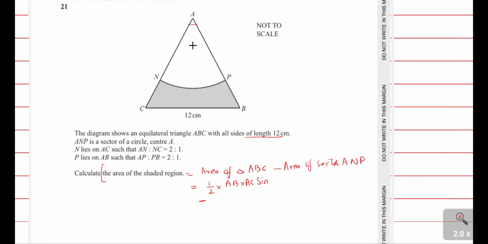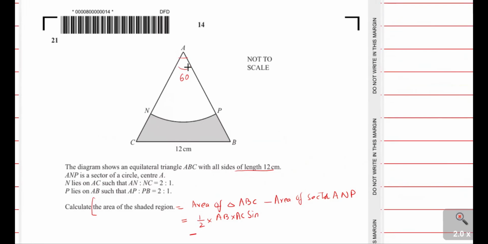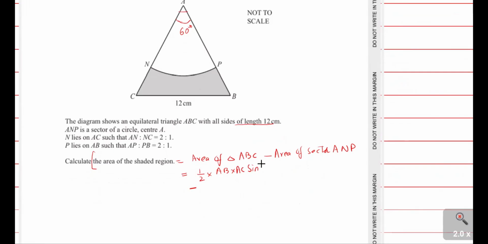Look here, each angle of an equilateral triangle is 60 degrees. Therefore, the angle between AC and AB is 60 degrees. We write sine 60, minus the area of sector, which equals theta over 360 multiplied by pi r squared.